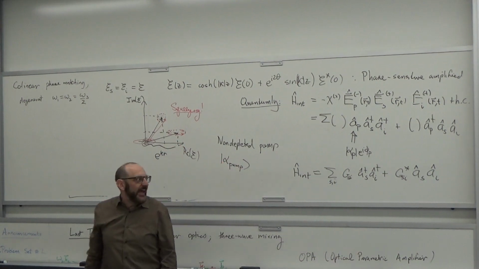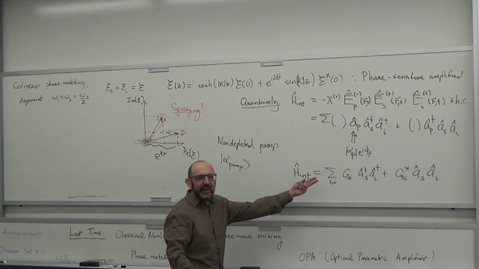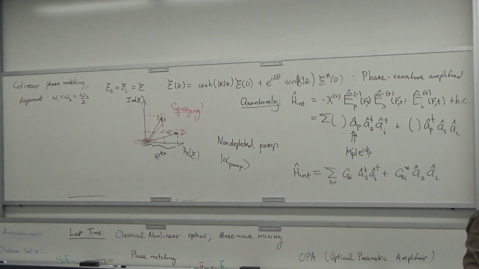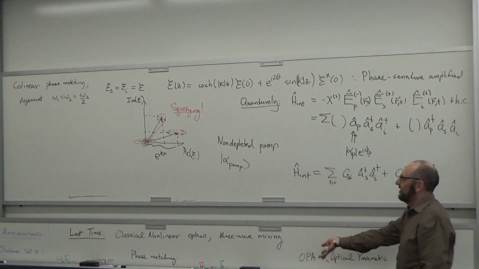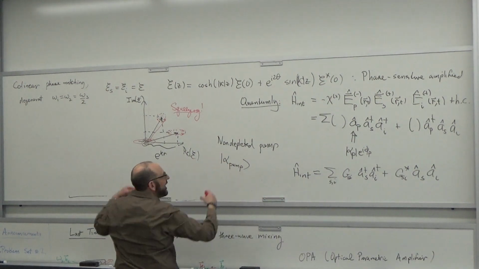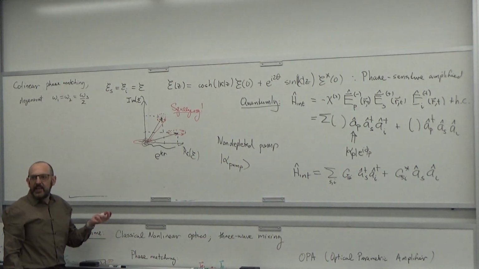Fine, you want to make it fancy and put A's and A daggers in there, but who needed quantum mechanics for any of this? It was just perfectly fine to think about classical nonlinear optics and phase-sensitive amplification, and that explained it all.